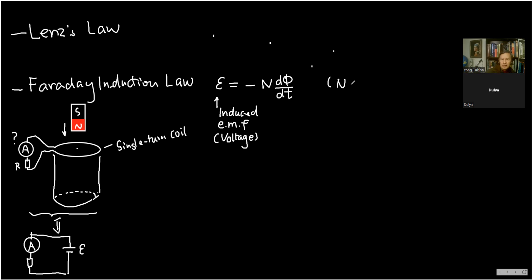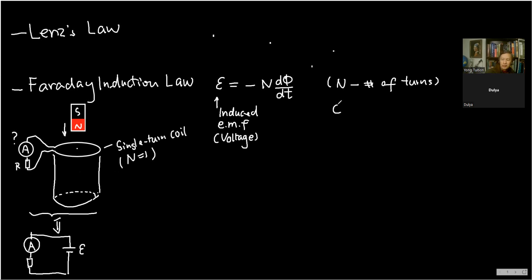This N is the number of turns. In this case, the number of turns N is equal to 1, just a single turn, so when we use a single-turn solenoid, N equals 1.